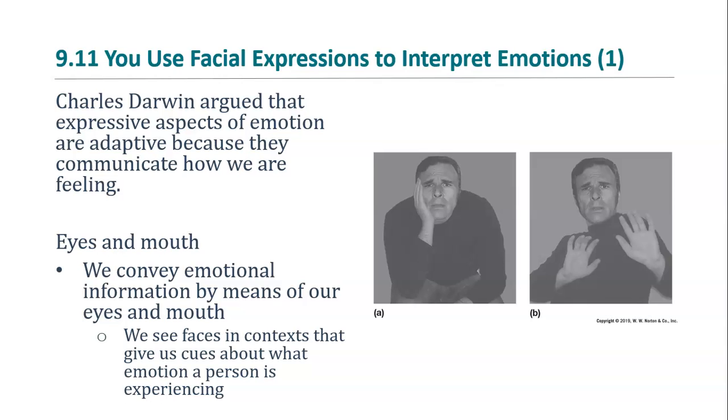But he suggested that emotions, or emotional expressions, are conserved behaviors. This is how animals communicate. If you think about dogs, when their tails are wagging or when they're snarling, you get different information from them. And he suggested that we do that too.